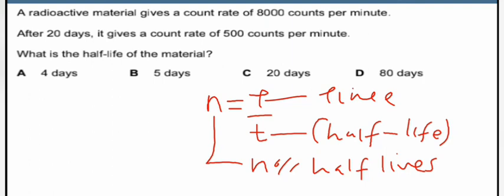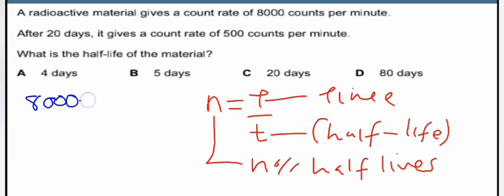Right. Okay, so we have the original count of 80,000. When you talk of half-life, suppose you have something like 4. What is the half of 4? You multiply it by a half, which is 1 over 2, so the half of 4 is going to be 2. So the last count was 500 counts per minute, meaning we need to reach 500. So let's do this.